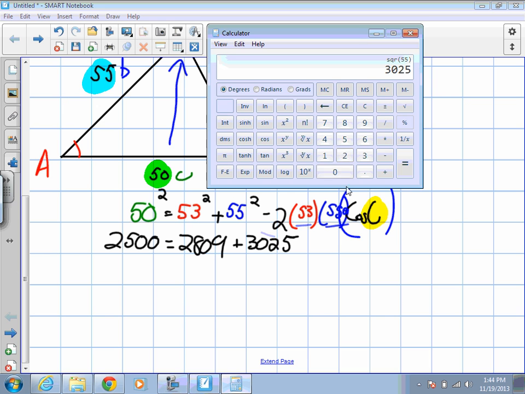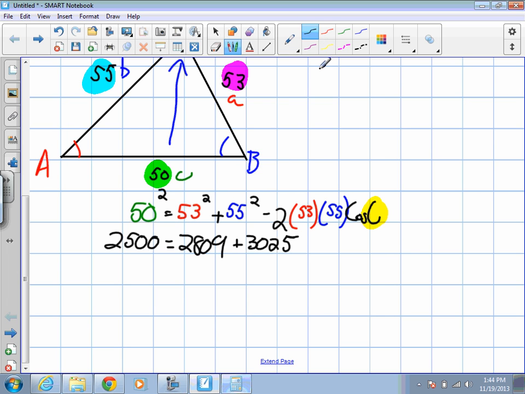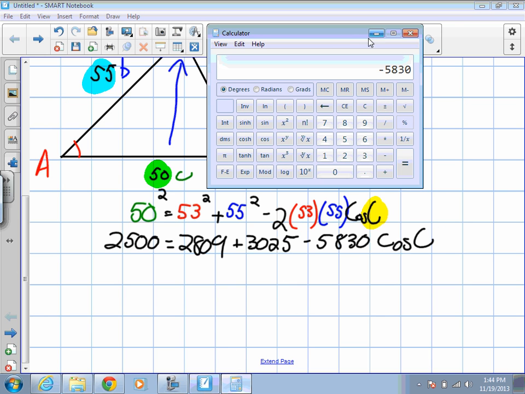So negative 2 times 55 times 53. So negative 5,830. Times cos C. I'm going to just double check that number. Okay, good. So I've equated a bunch of this.